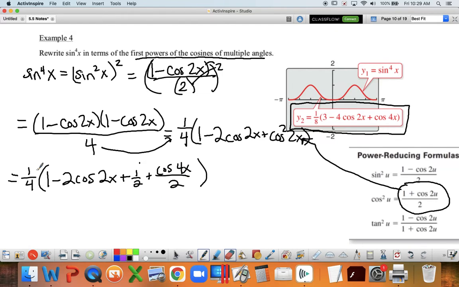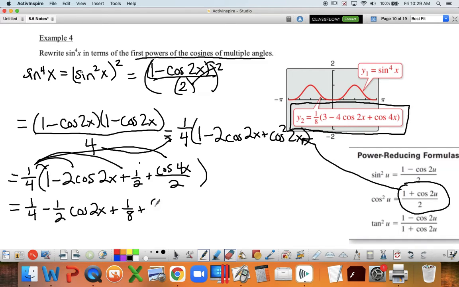I've just broken them out so that I know I need to combine some like terms here. But let's distribute this through. Let's take care of this 1/4 because it's getting in the way. I got 1/4 minus 1/2 cosine of 2x plus 1/8 plus the cosine of 4x over 8.